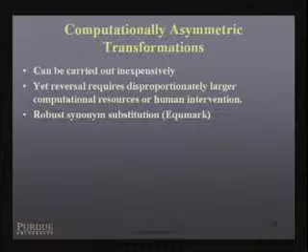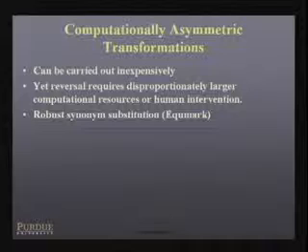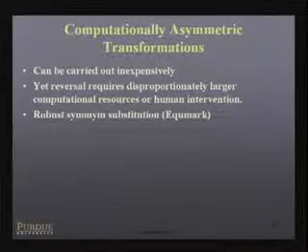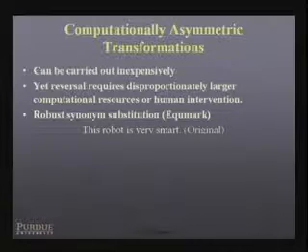We call these types of transformations computationally asymmetric transformations, where performing the transformation one way is easier, but when you want to reverse it, you need a disproportionately larger computational resource or human intervention. We use robust synonym substitution, which is one of the computationally asymmetric transformations.